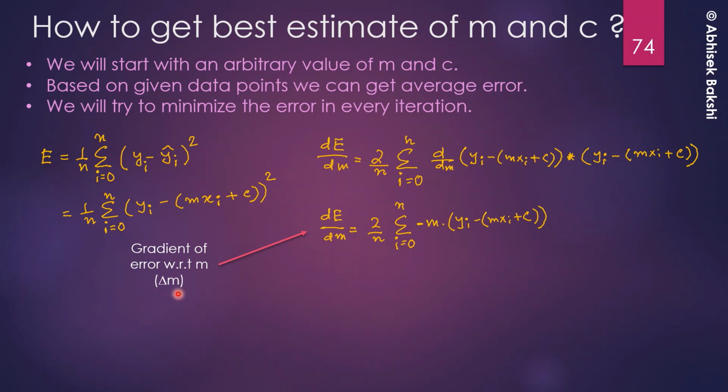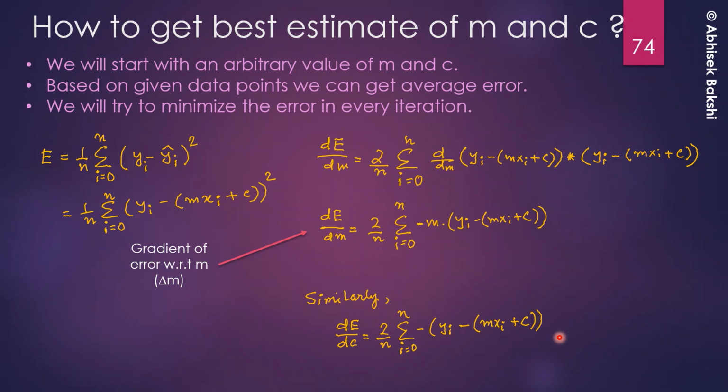Similarly, we will try to take the derivative of error with respect to c in the same way. And if you try to do that, what will happen? We will just have a change of, instead of m it will be c. Not exactly the same formula, but something like this. If you try it at home, you will see that the derivative of error with respect to c will look something like this.